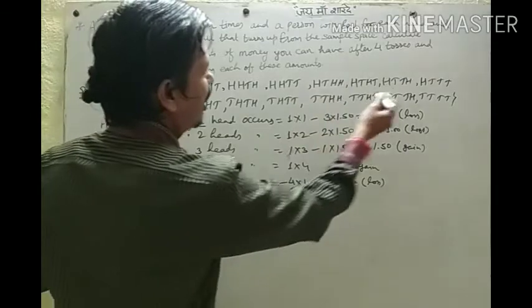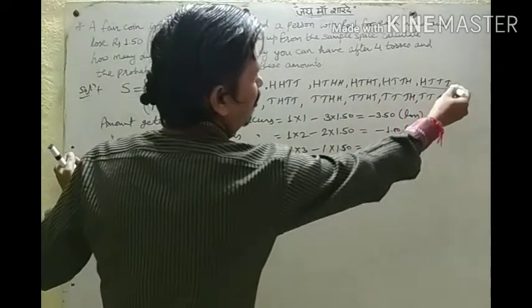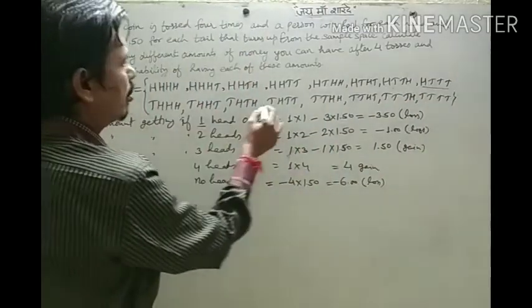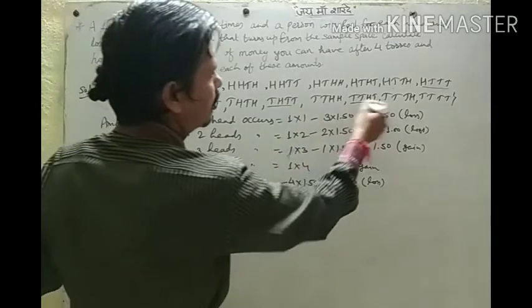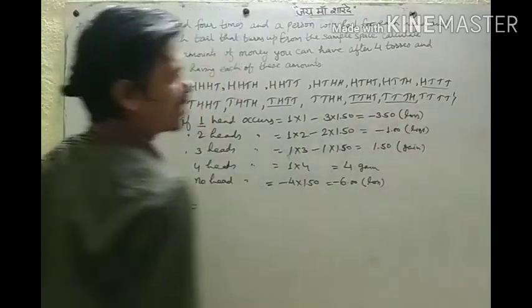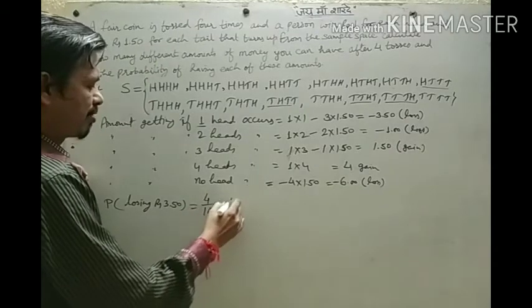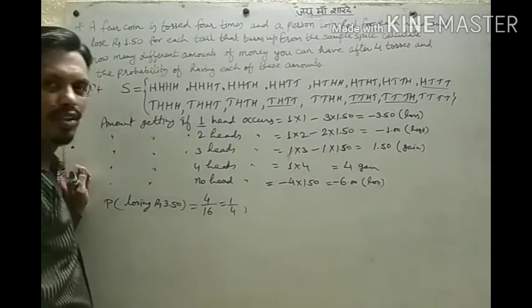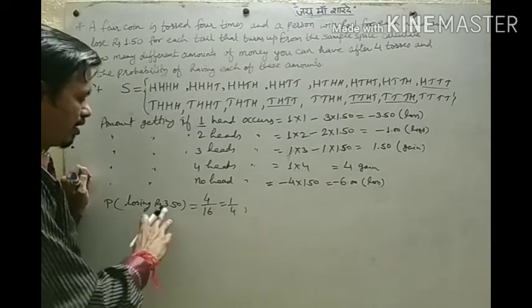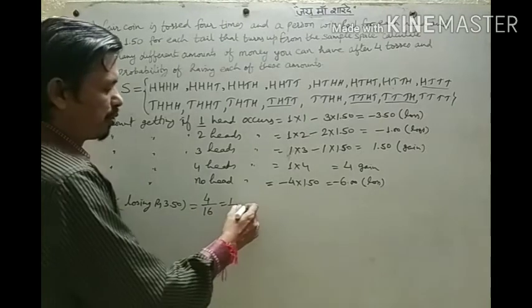Only 1 head: 1, then 2, 3, 4. 4 times we are getting only 1 head. So 4 by 16, that is 1 by 4. So the chance of losing 3.50 rupees is 1 by 4.